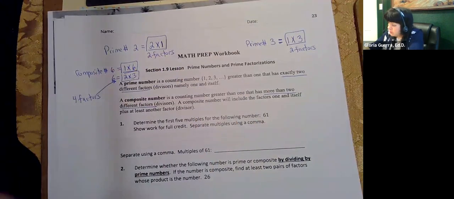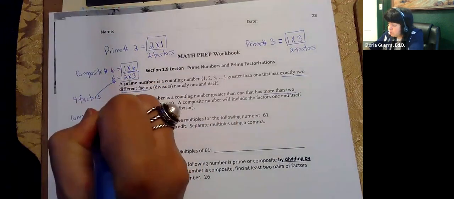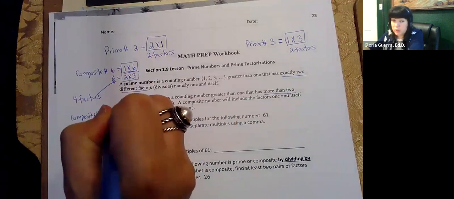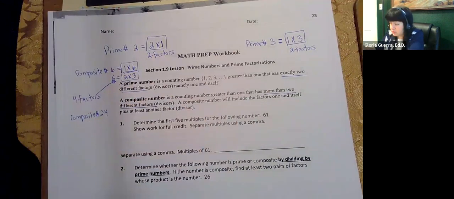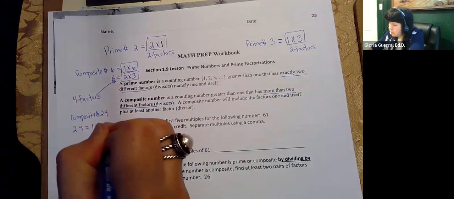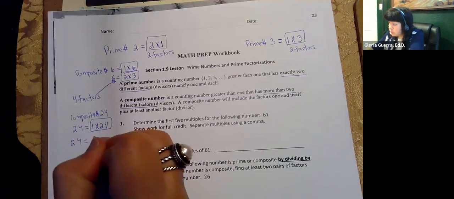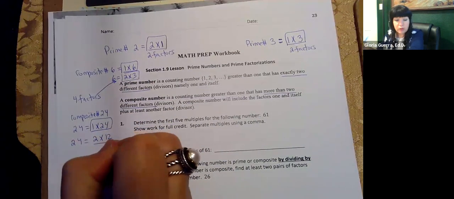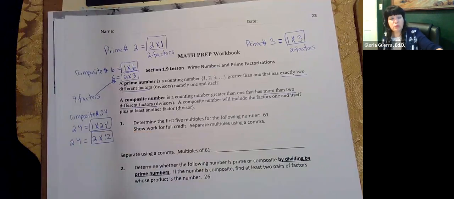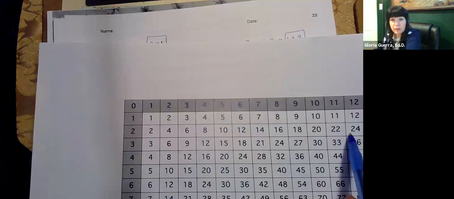Another composite number is 24. 24 is a composite number because 24 equals 1 times 24, but 24 also equals 2 times 12. If I look up 2 on your multiplication chart, 2 times 12 is 24.